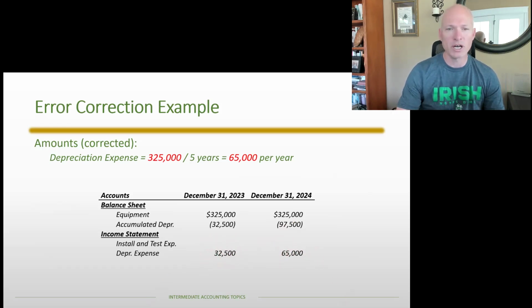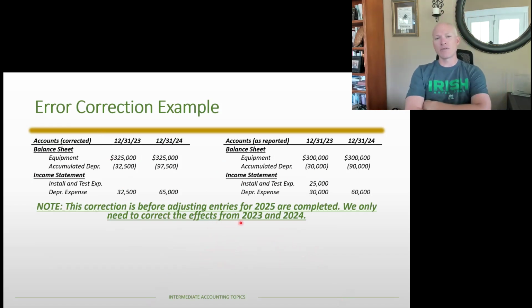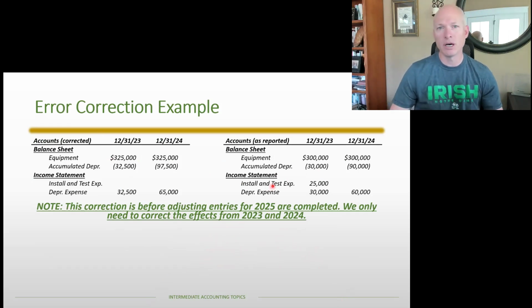Now, one thing we want to talk about, again, we're sort of doing a side by side. And note, we're assuming in this case that we discovered it on December 31st, 2025, before we did any adjusting entries. Now, if the company had been doing adjusting entries every month or every quarter, then there would be some entries to do for 2025.